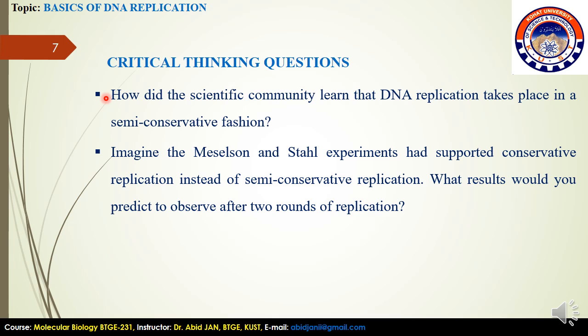My answer to this question will be that it is actually Meselson's experiments with E. coli grown in 15N, which is the heavy isotope of nitrogen, from which they deduced this finding.